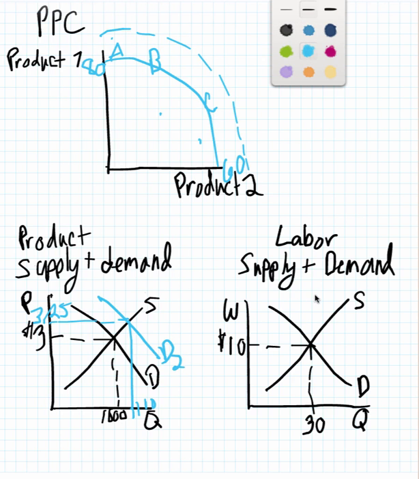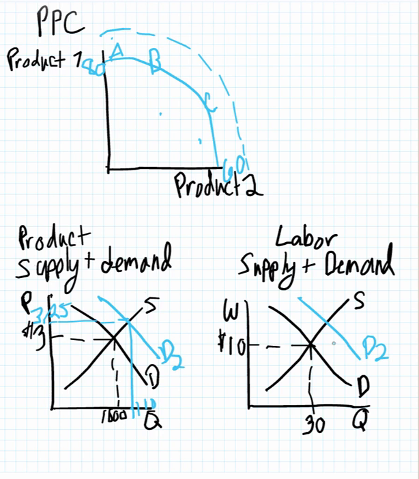If more people want that product, the demand curve shifts to the right, D2. With more people wanting the product and more businesses coming in, wages will rise, let's say to $12 an hour, and more workers will be hired because of that.